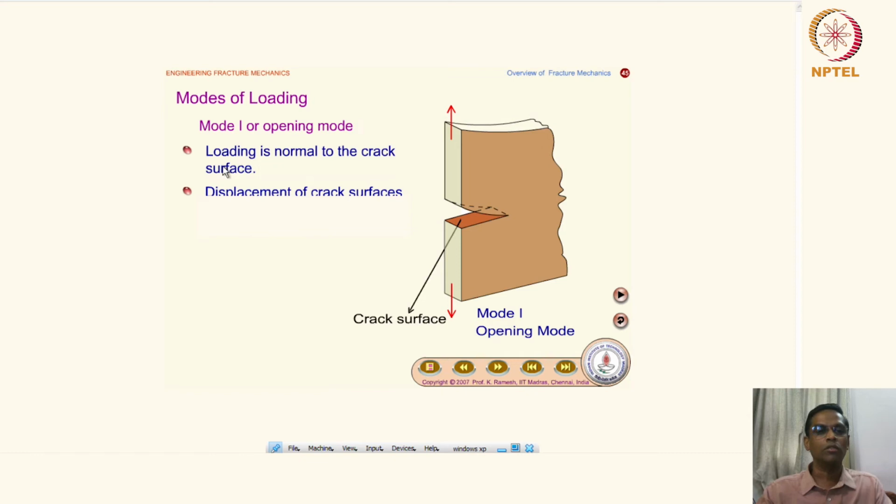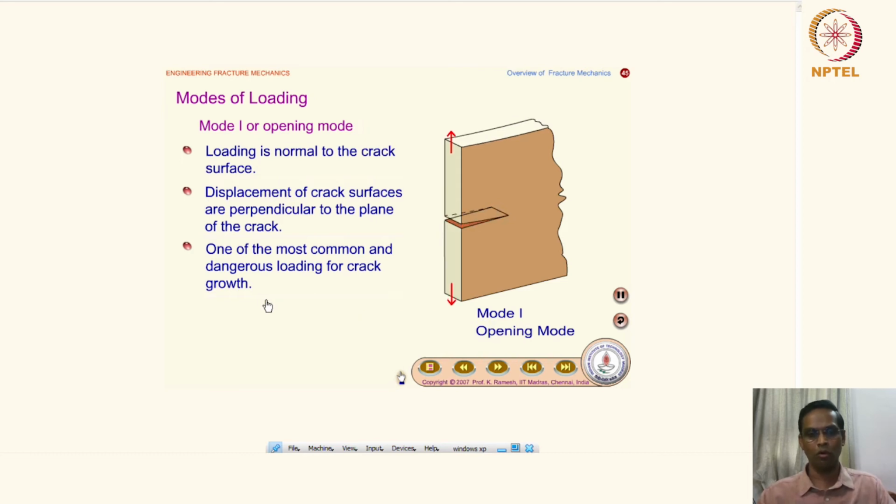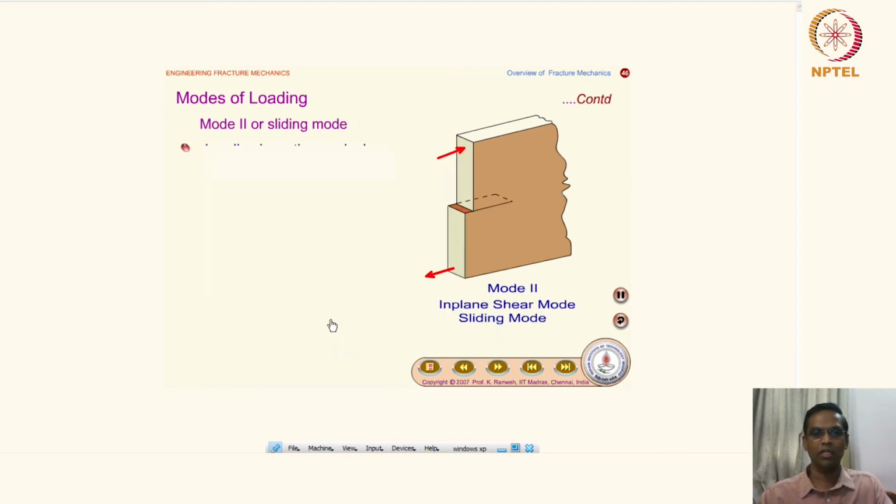Loading is normal to the crack surface, and displacement of the crack surfaces are perpendicular to the plane of the crack. So one of the most common and dangerous loading for crack growth. So we are trying to introduce what is mode 1. Okay, basically nothing more than that. We will look at the details as we progress. Okay, we are only just introducing this.